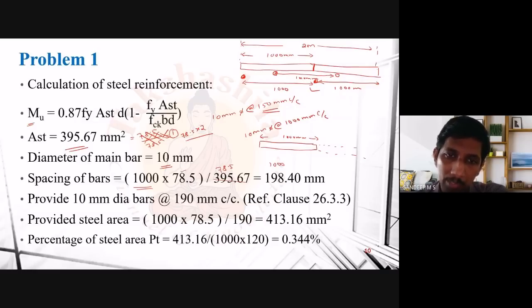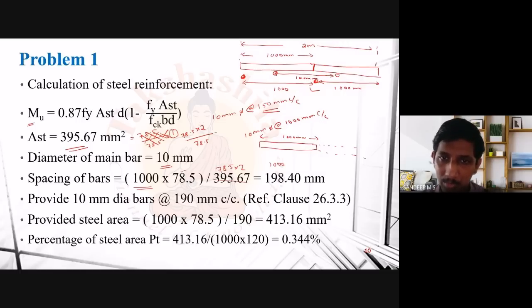So again I am going to use 10 millimeter bars, so here I will be having 78.5. Now when I substitute it here, in the denominator you will have the total area, that is 78.5 into 2, and in the numerator we will have the area of cross section of a single bar. So what I will get here is 1000 into 1 by 2.